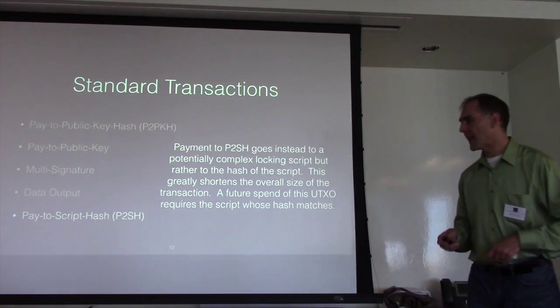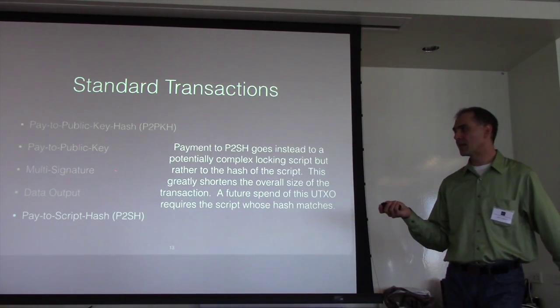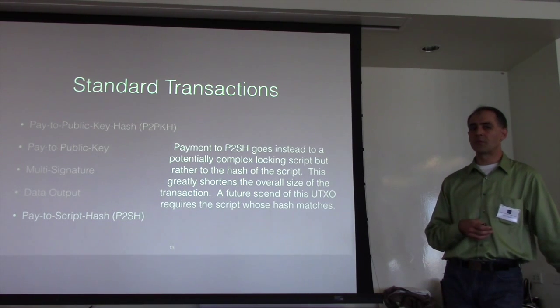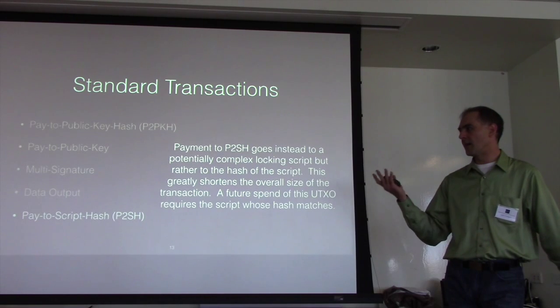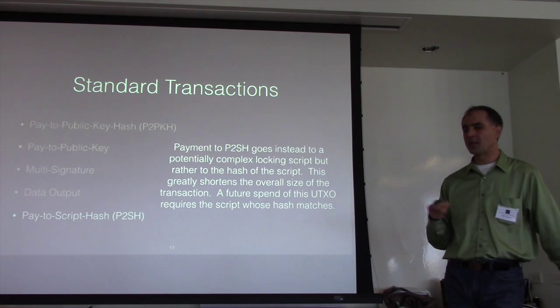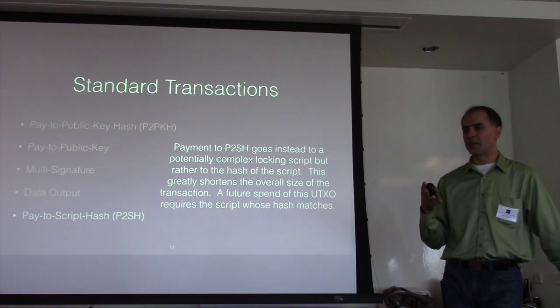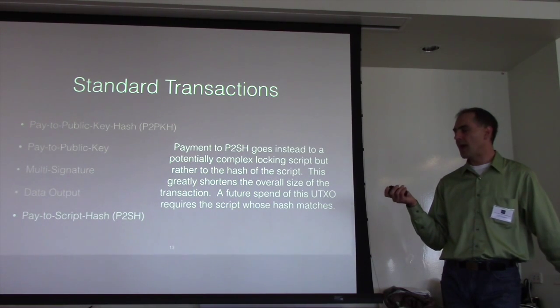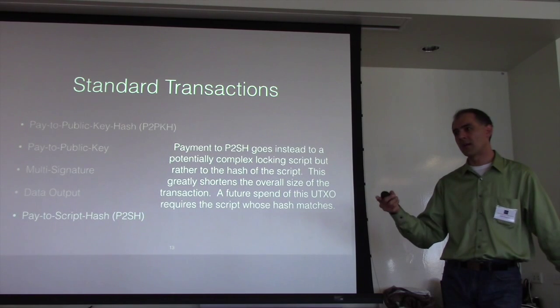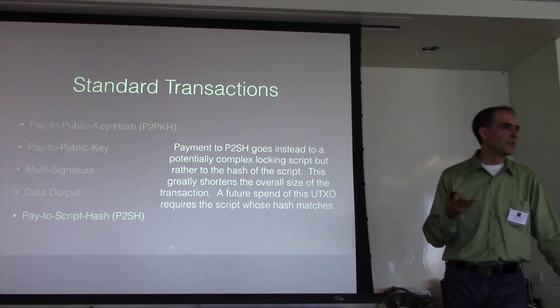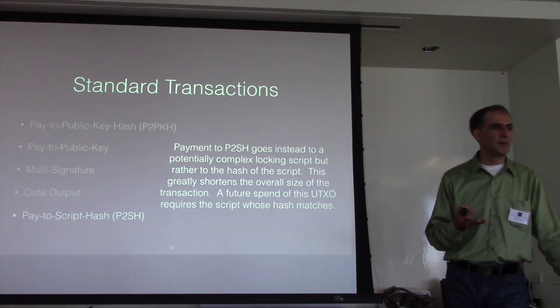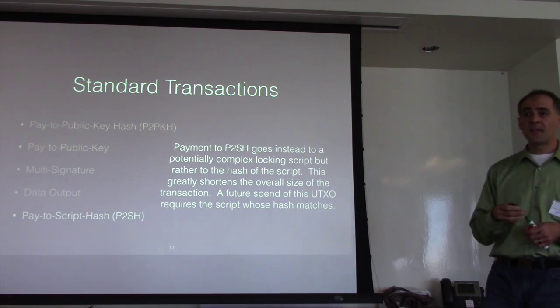And then the last one, pay to script hash. In a multi-sig situation, it might be cumbersome for me to pay an address in a multi-sig, as it leads to a very large transaction. Instead, I could pay to a hash of the script that will unlock those encumbered funds. So it's basically a way to make a smaller transaction.